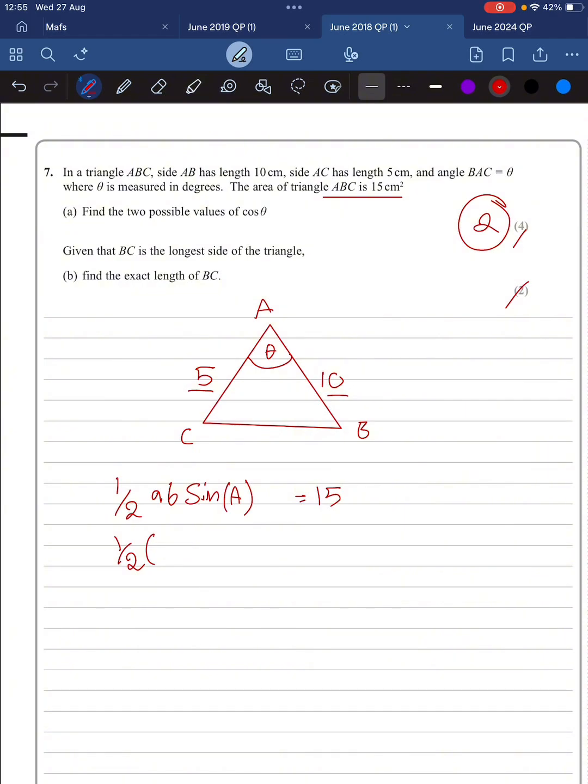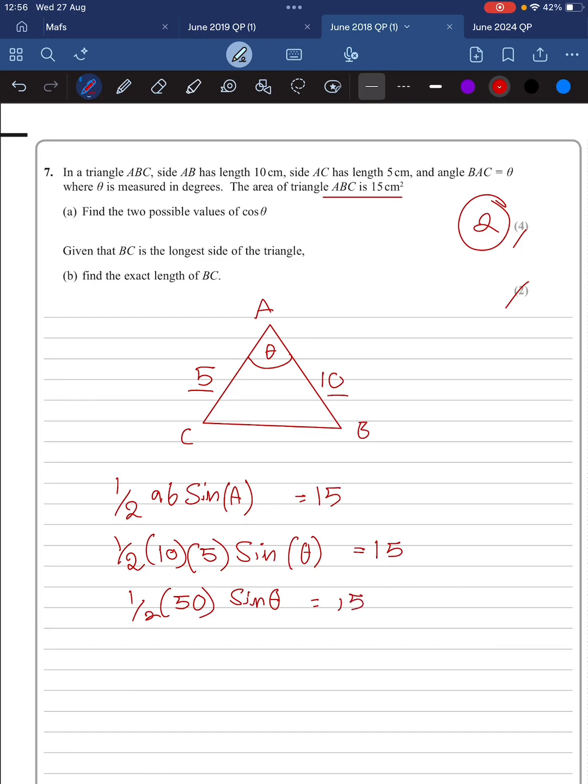Okay, so we'll make a 10. It could be 5. You can make it 5. And we'll make b 5. Okay, and this will be sine theta, and that is equal to 50. Alright, so if I begin to multiply everything, this is half, 50 sine theta equals 15.